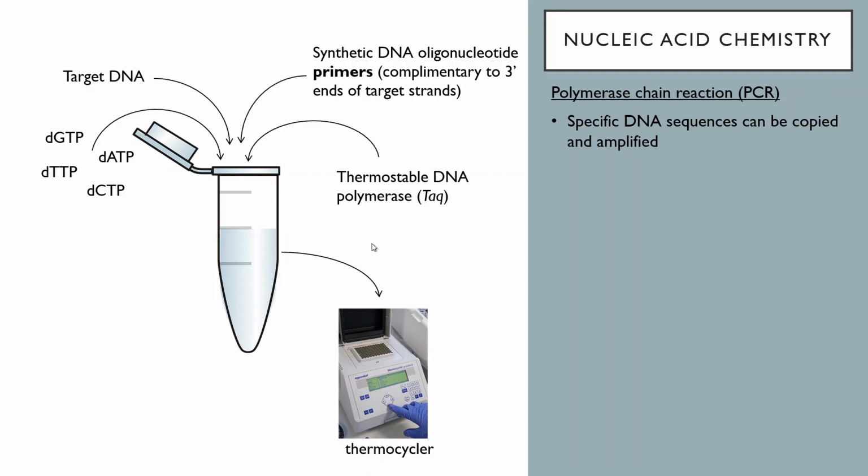To do PCR, you combine basically four things. Your target DNA is the DNA that you've purified and isolated from your sample, and it's going to contain the sequence that you want to amplify. Maybe it's a certain gene, maybe it's just a certain region of a chromosome. It can be anything you want. That's the one nice thing about it.